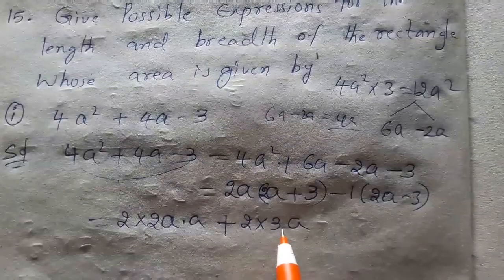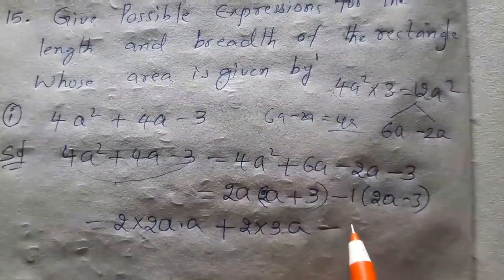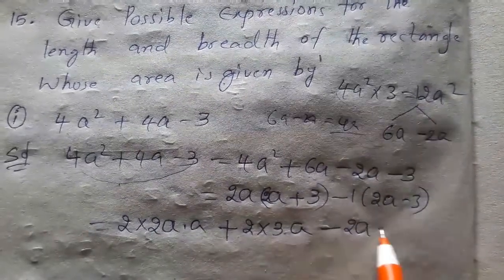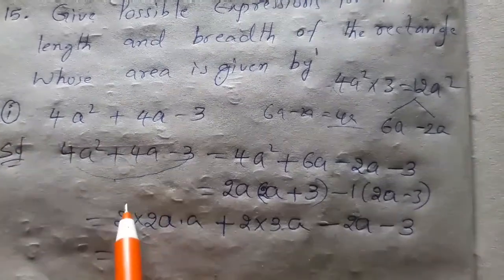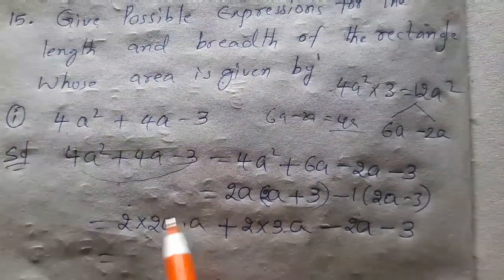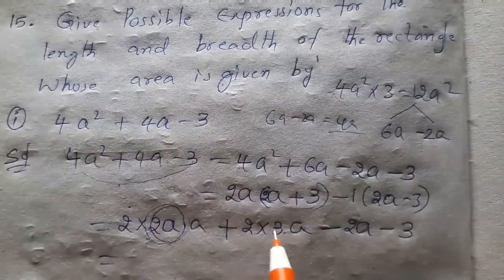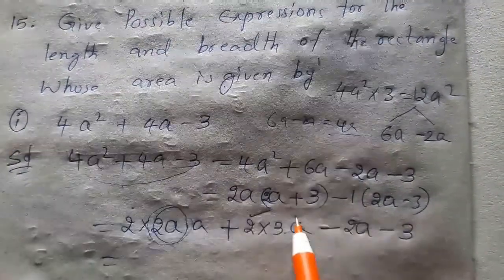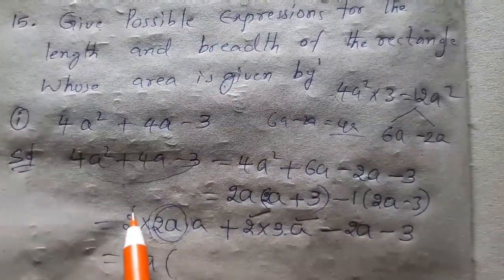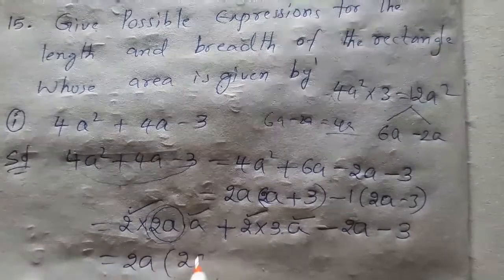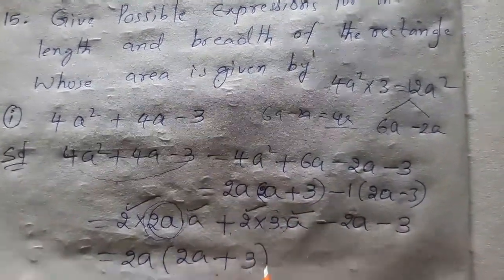So 2 threes are 6, into a becomes 6a, minus, this can be written as it is, 2a minus 3. So this step can be converted as, bring here 2a common, in this also 2 and a are common. So 2a is common. What is left here? 2a, and which symbol is there? Plus. Here what is left? 3. Do you understand this step?